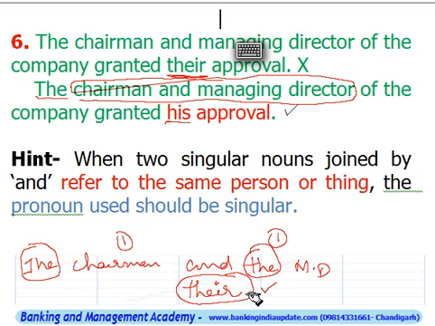So in this sentence, the usage of their would have been justified. But in the given sentence, by using the only once, we have to use his to denote that chairman and managing director are one person.